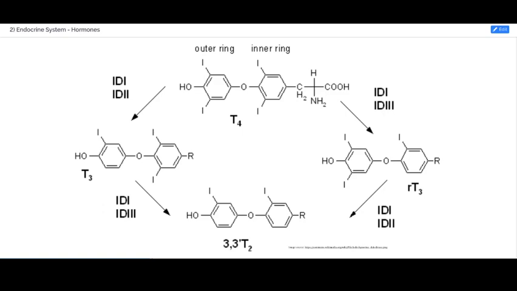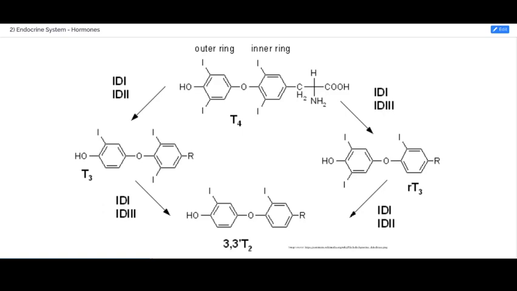However, we see two of those ring structures. Now, T4 we see at the top of this figure and has the amino acid structure still incorporated into it. The carboxyl group COOH and the amino group NH2.